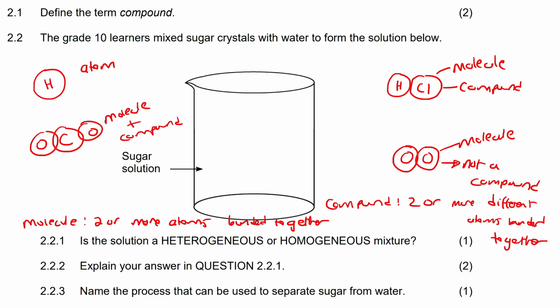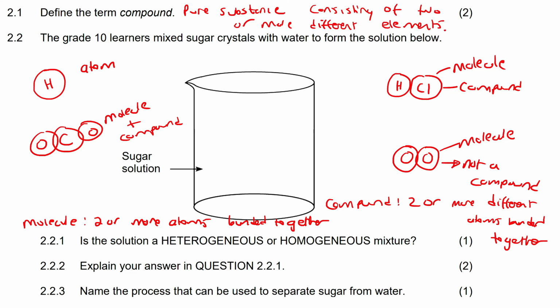Okay, so what could we put for the definition? The formal definition is that it is a pure substance consisting of 2 or more different elements. Okay, the elements are just from the periodic table.